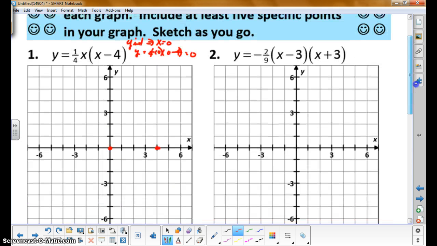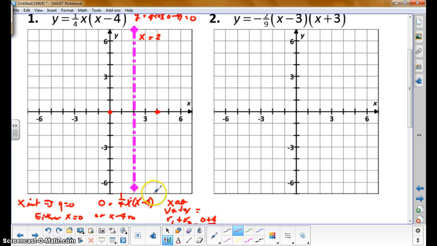Which was pretty obvious anyway, but now we have put a quantity on the fact that the line of symmetry is at x equals 2.